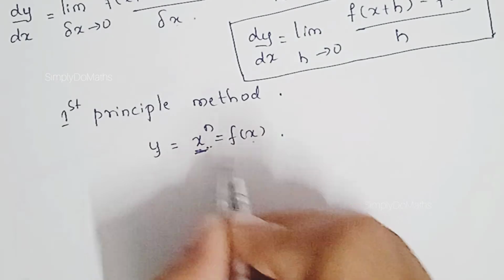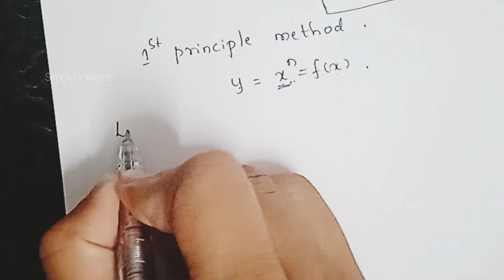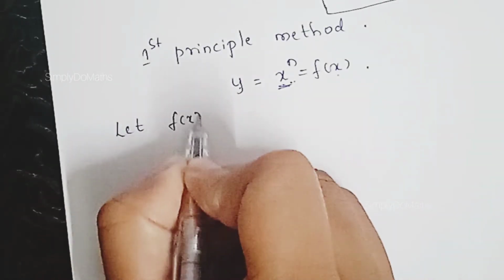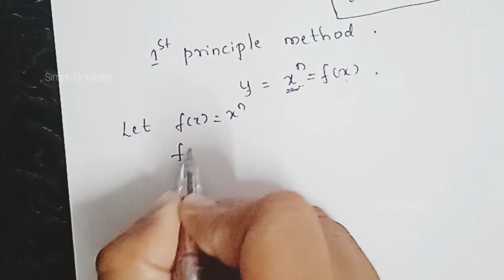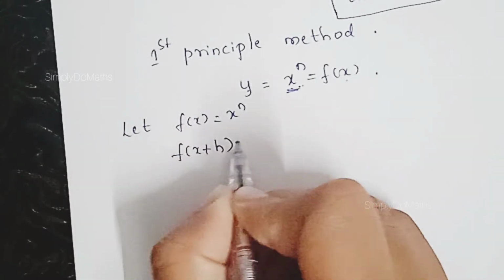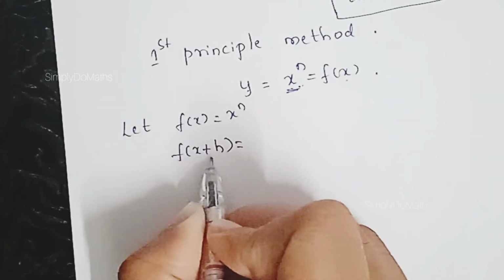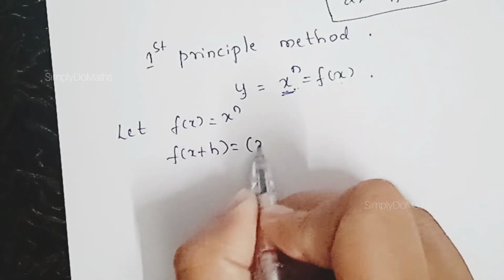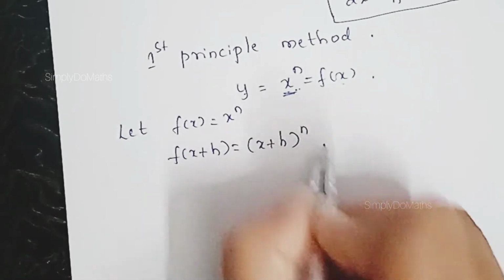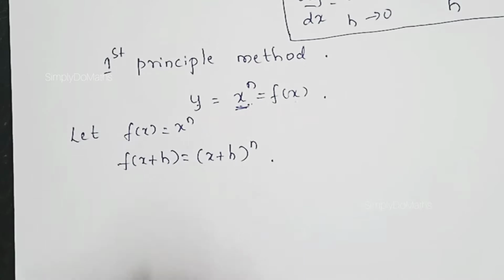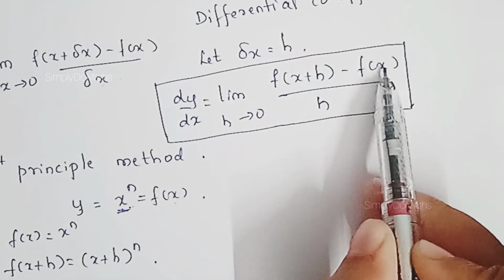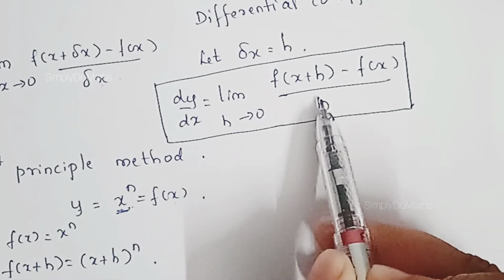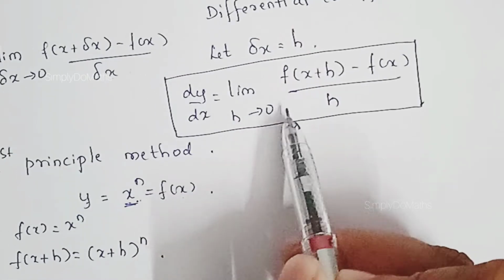Let f of x equal to x raised to n. Then f of x plus h will be, in the place of x, we have x plus h, right? So this will be x plus h whole raised to n. Then, according to the formula, f of x plus h minus f of x divided by h is there as limit h tending to 0.